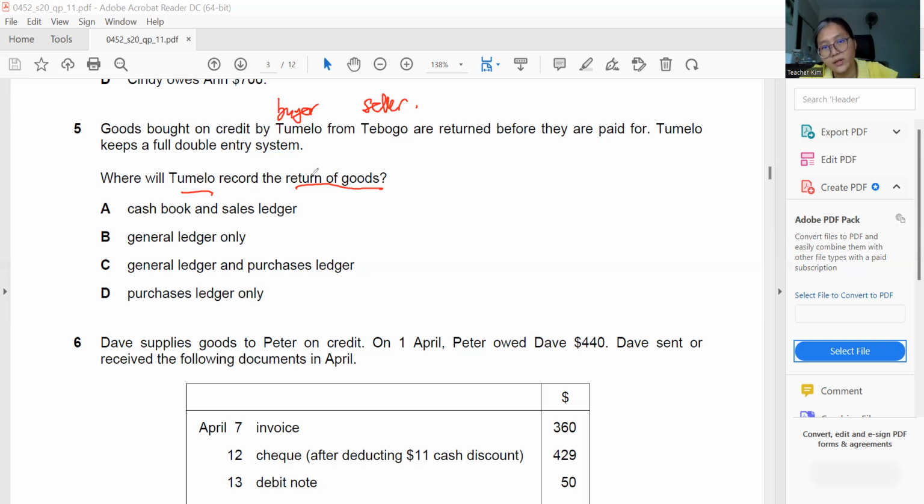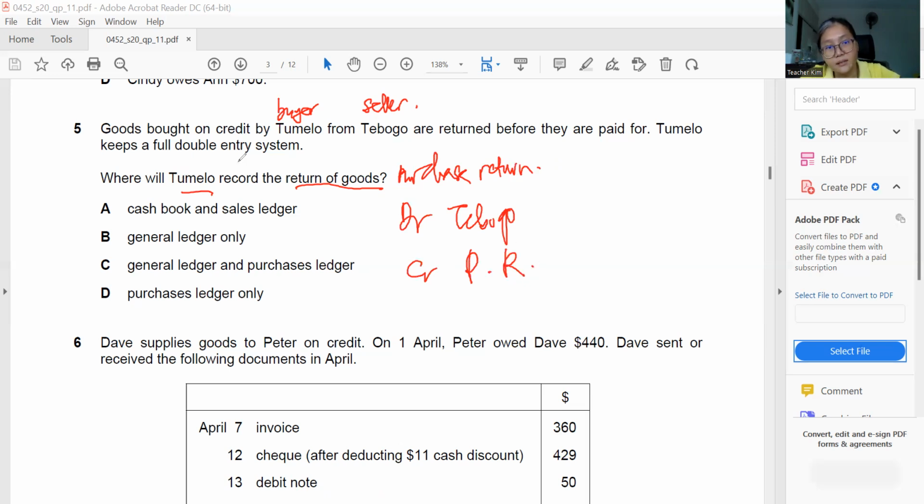So Tumilo will record the goods this buyer bought. That means purchases return, because return goods is purchases return. So who receives the goods when purchases return? The seller will receive the goods. So we have to debit Tibogo, credit purchases return.